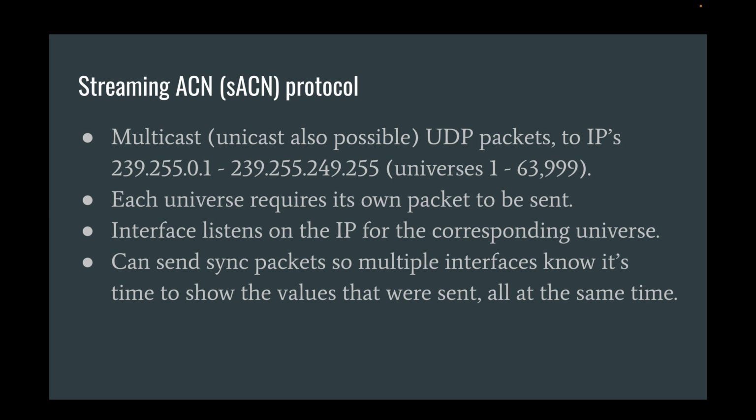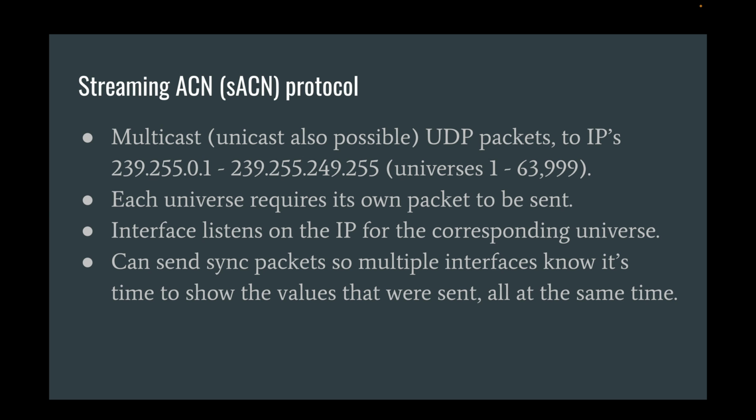So let me break down why that's important. Let's say that you have two different interfaces that are receiving the same universe. The timing of them getting the packet may not be exactly the same, but you can broadcast another packet on the broadcast, or I'm sorry, the multicast for the sync packet, which says to all of them, hey, if you got this one, it's good to show, turn on your lights.